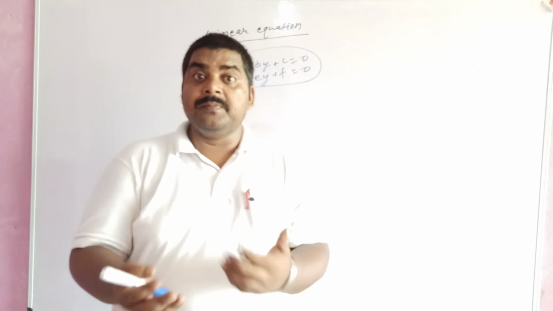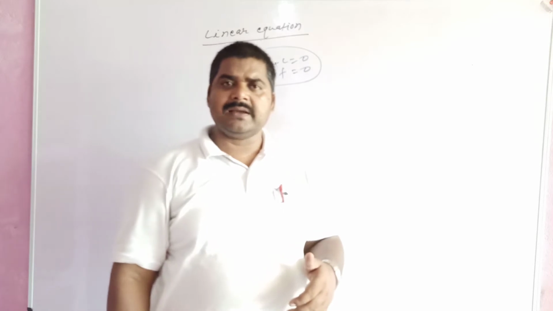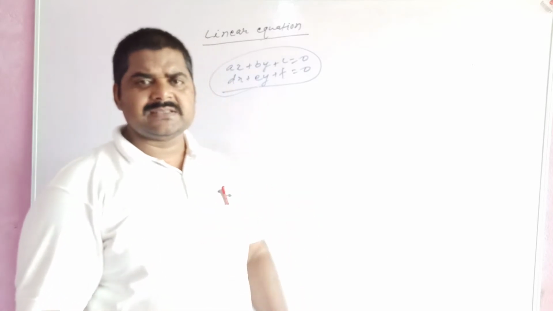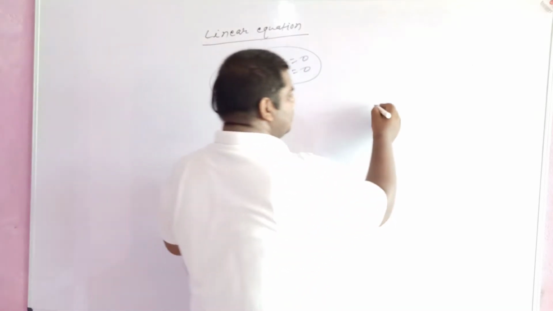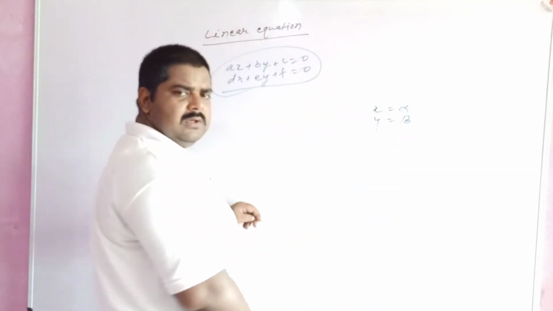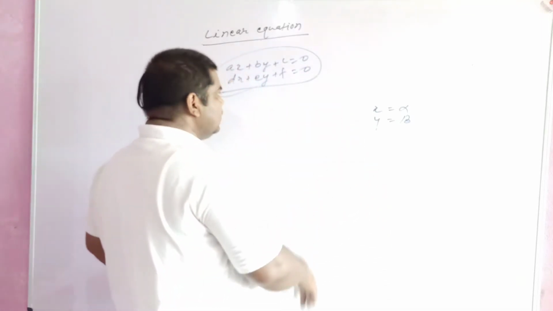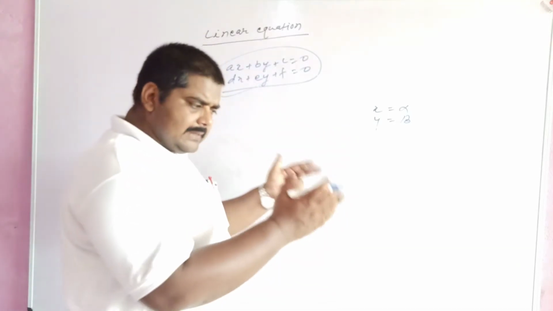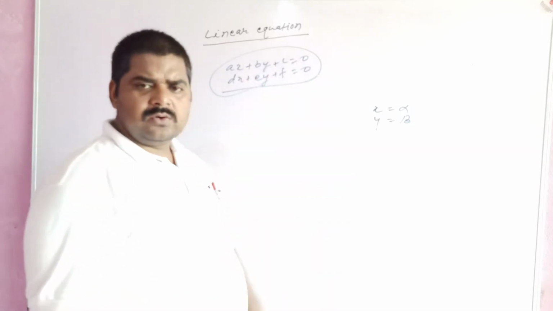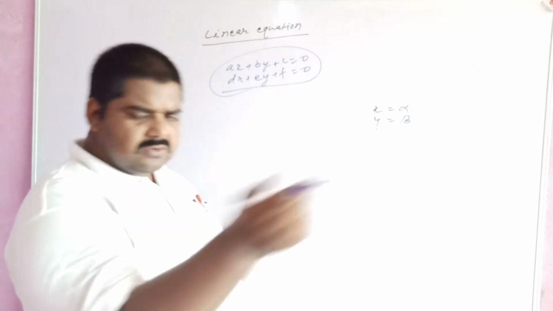Second case, and you may ask the question, sir, which one is considered as the value of the given linear equation in two variables? Suppose that x is equal to alpha, one value, and y is equal to beta, that is another value. When you say that it is the value of the given equation, when you put them in place of x and y, LHS must be equal to RHS.